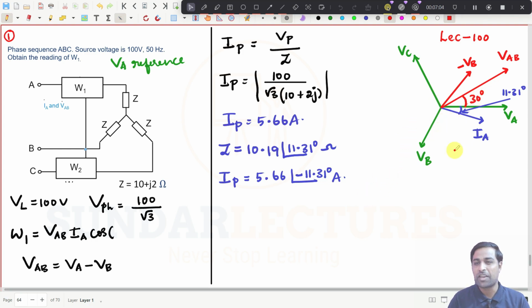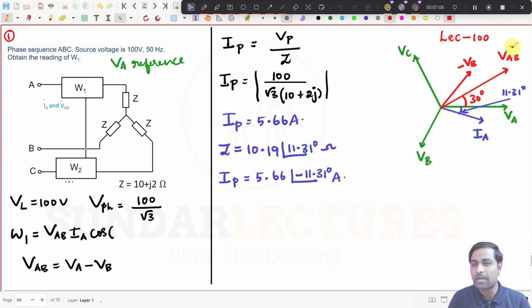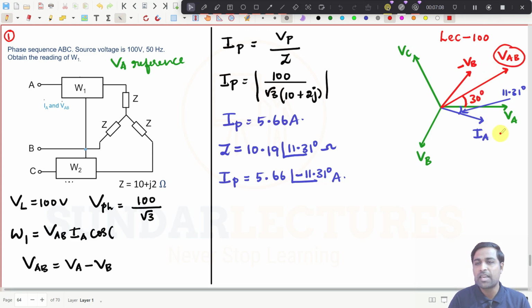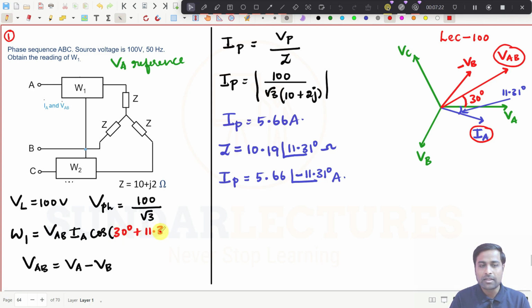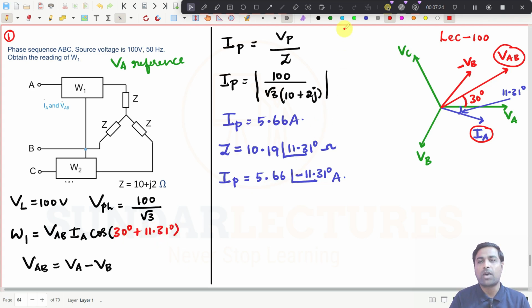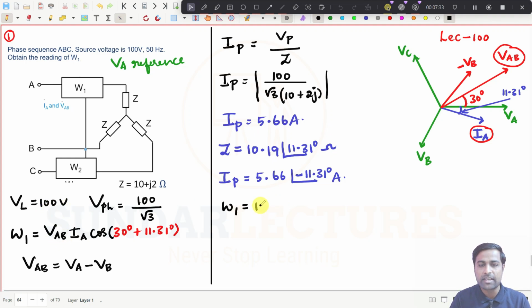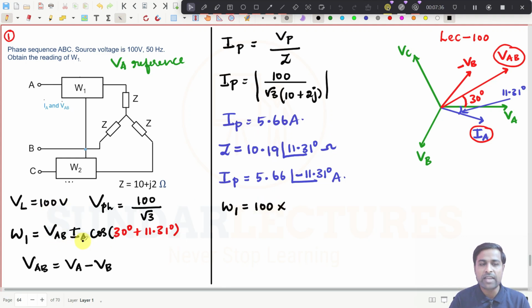We have found it. Now you see the angle between VAB and IA. That is what we need here, right? Between this one, 30 plus 11.31. So this will be 30 degrees plus 11.31 degrees. So what will be the W1 value now? W1 is equal to VAB, which is the line voltage, 100, into the phase current.